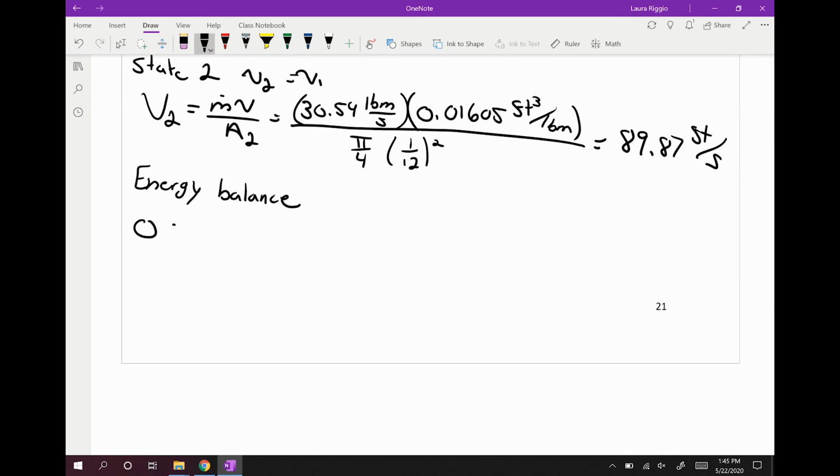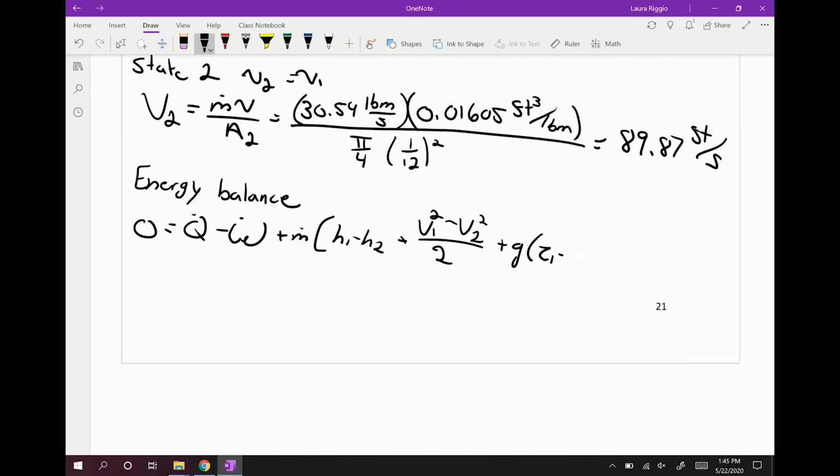Now we're going to figure out the work required by the pump using our energy balance. We have 0 equals Q minus W plus our mass flow rate times our change in enthalpy plus our change in kinetic plus our change in potential.